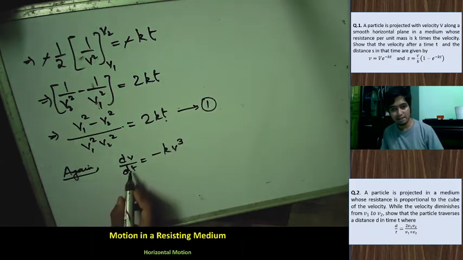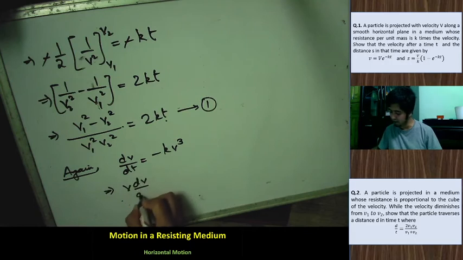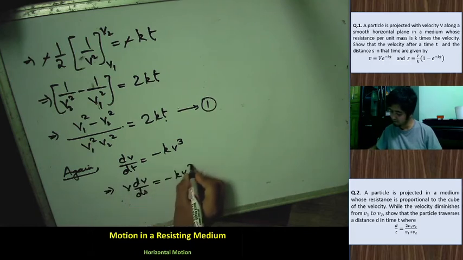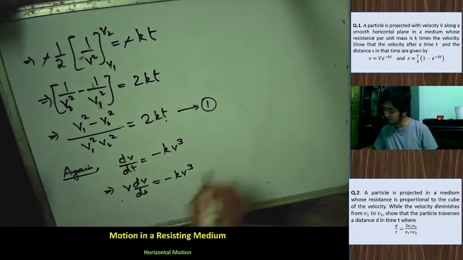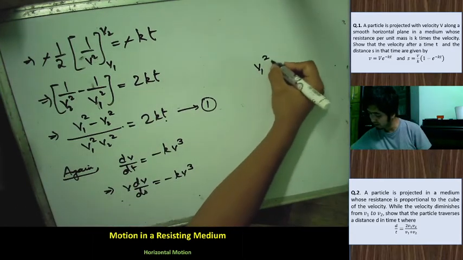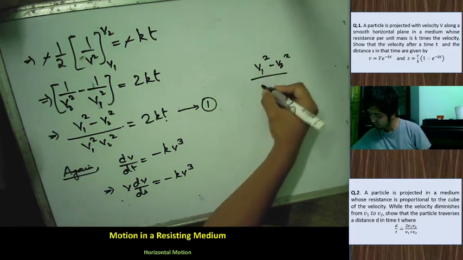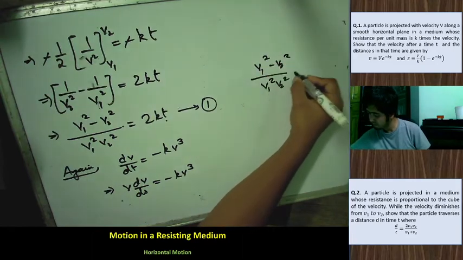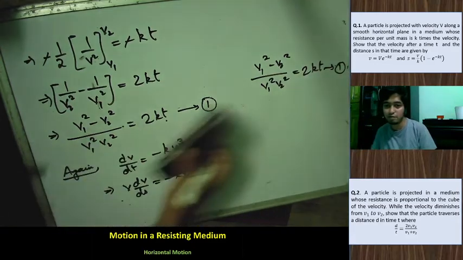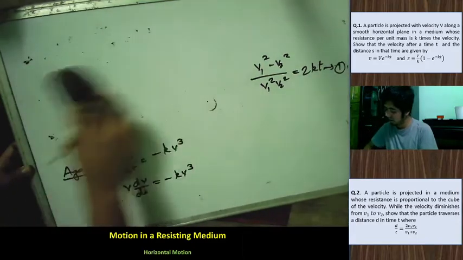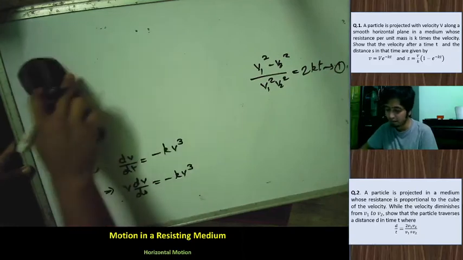This one is the acceleration, so we can replace it with v dv ds. I don't want to erase the first equation, I'll write it here: 2kt. This one is equation 1. I'm just rewriting it so I don't lose that equation.